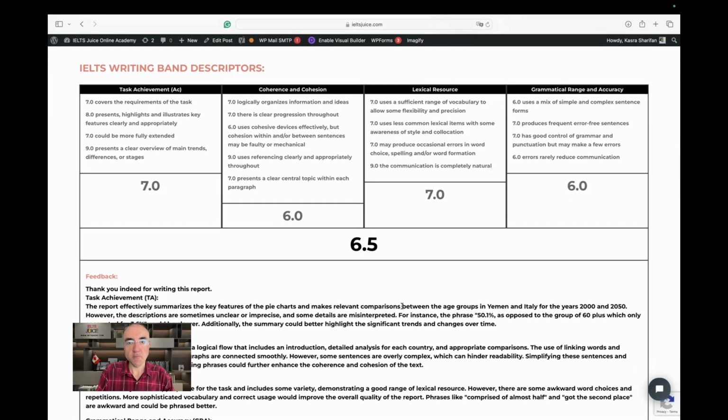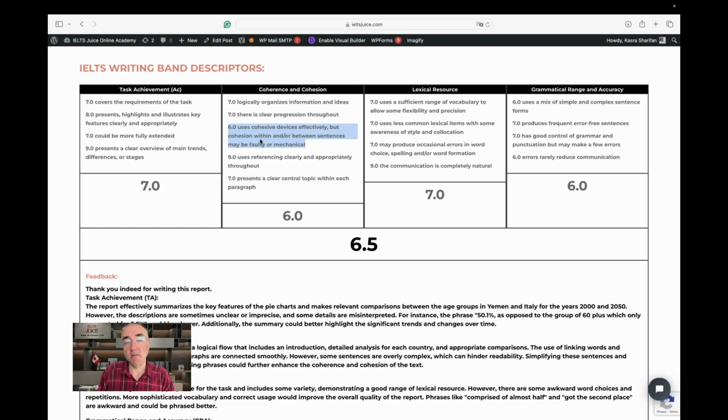So, two things. I have nothing against vocabulary. The words were fine. The range was fine. Nothing confusing here. However, the connectors were not always good.